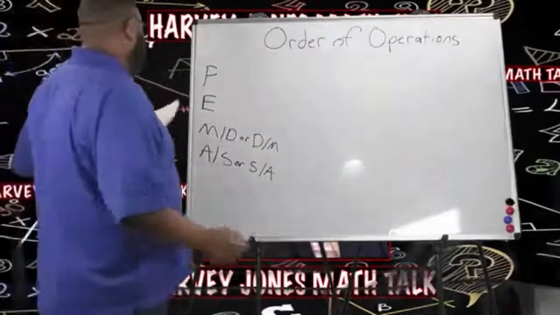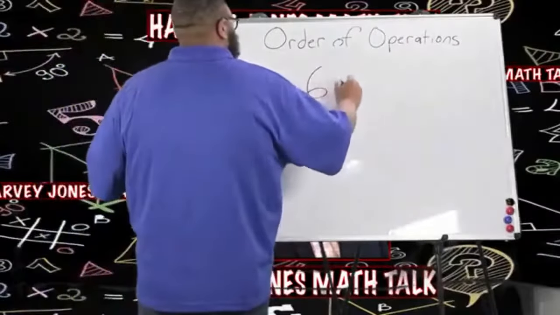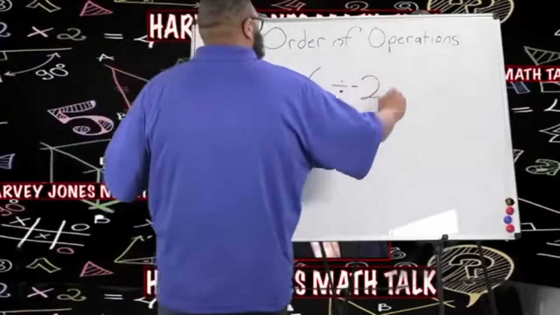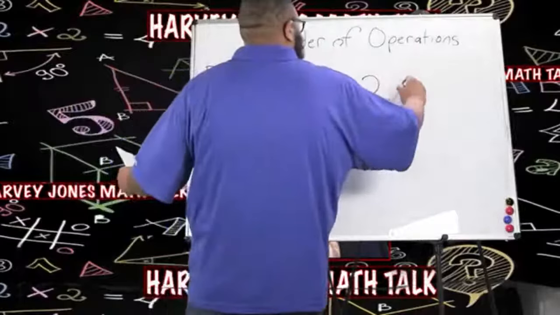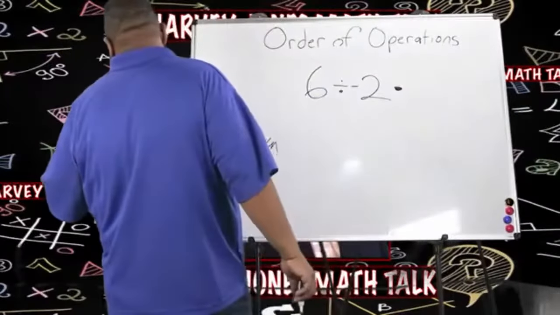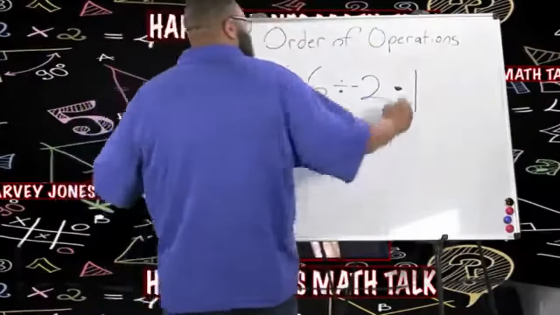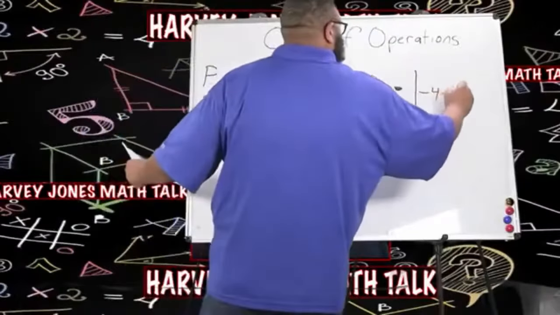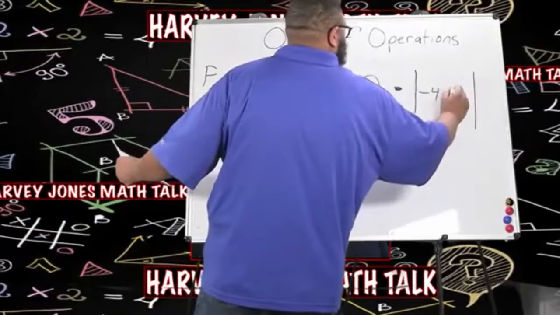Watch this. 6 divided by negative 2 times, when we see this dot, you're going to learn that that dot means multiply. Here's that first parallel line, negative 4 plus 0. That's my absolute value right there.